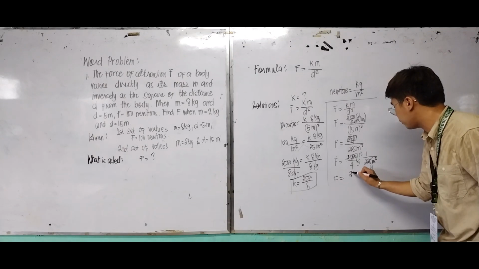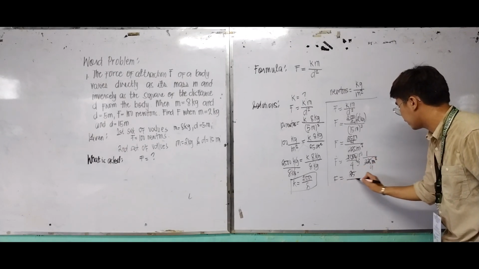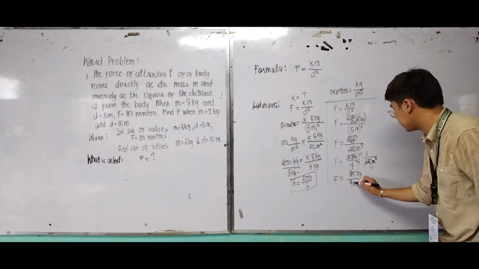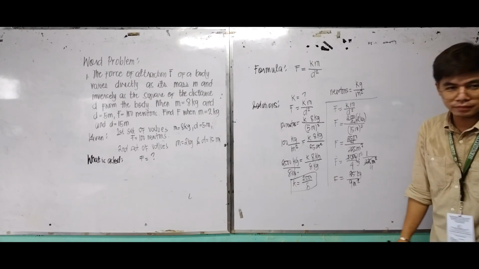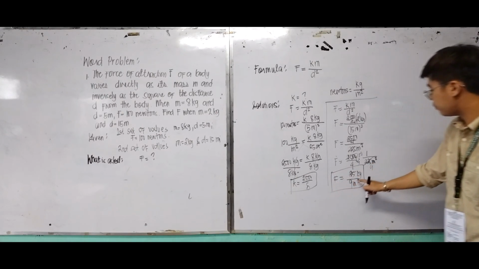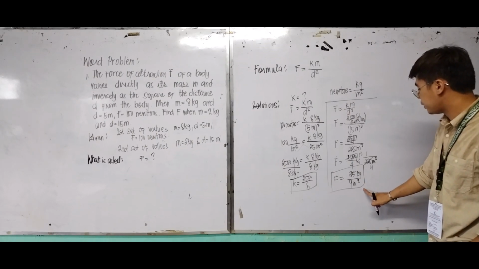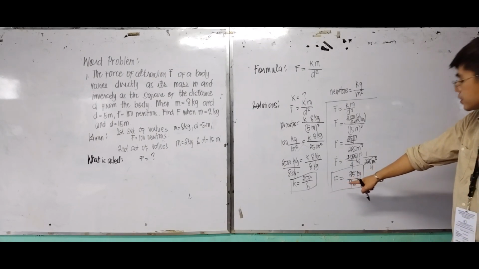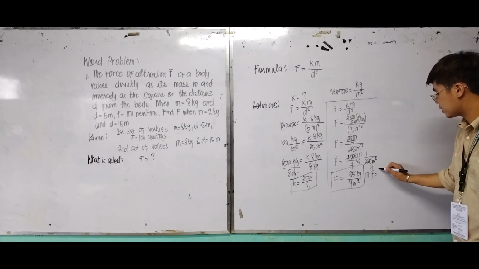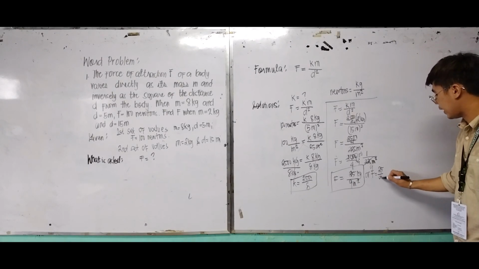F is equal to 25 kilograms over 9 meters squared. So we have here the final answer, 25 kilograms over 9 meters squared as our force of attraction. Or we have F equals 25 over 9 newtons.